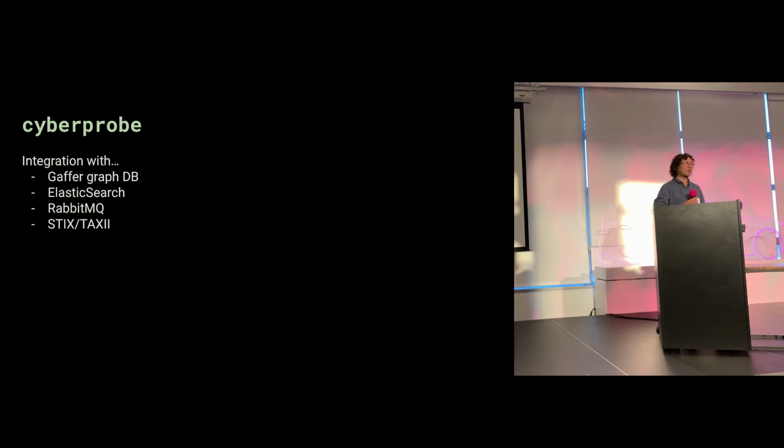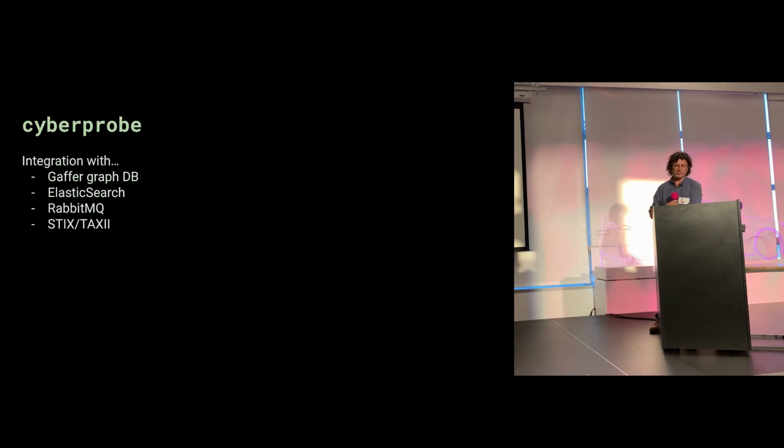Elasticsearch is a great place to store events for forensic analysis. Deliver stuff into RabbitMQ using AMQP. That's a good way to make sure that the events go into some back-end systems, and that's how I've done things like DNS tunnel detection by building analytics which take the events and start to build models across them. And we've got integration with STIX and TAXII for IOC.